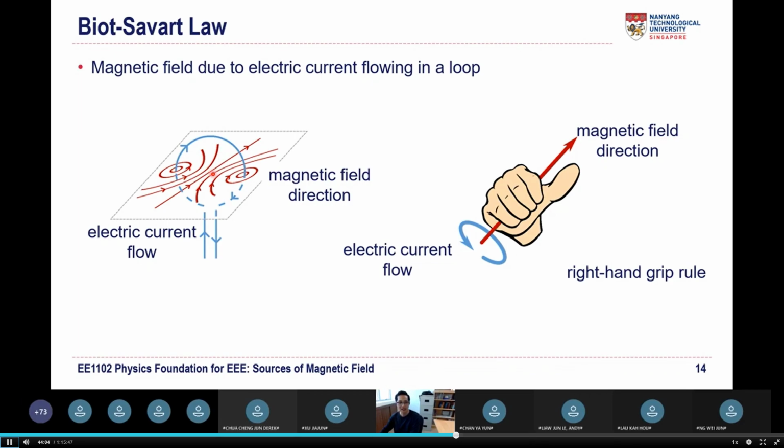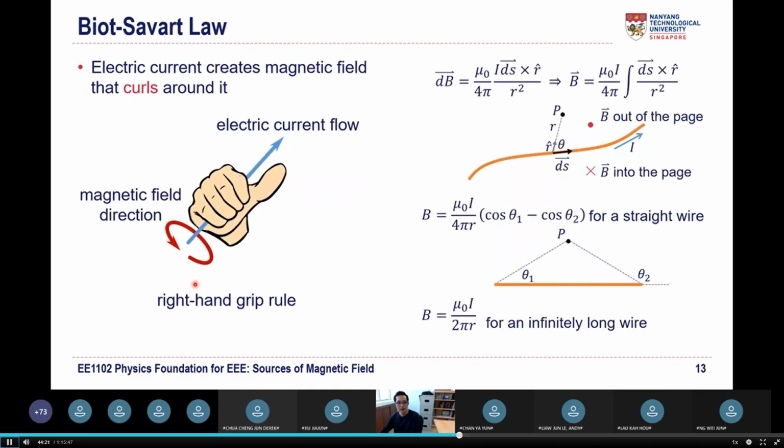So in this case, if we have a current flowing in this circular direction, then this is going to be the North Pole, and that's going to be the South Pole of our magnet. So we can create a magnet like that. Coming back here, 2 ways.